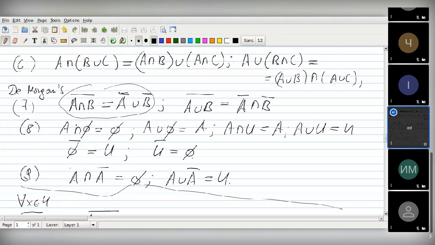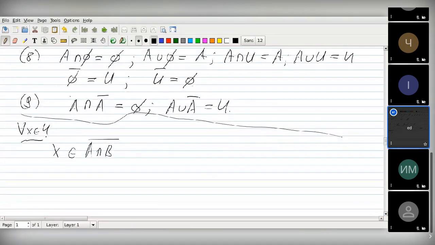If X is not an element of the universe, it does not belong to this set, nor does it belong to this one. So if X is in the universe, X is an element of this set if and only if X is not an element of the intersection. That means it is not true that X is an element of A and X is an element of B.